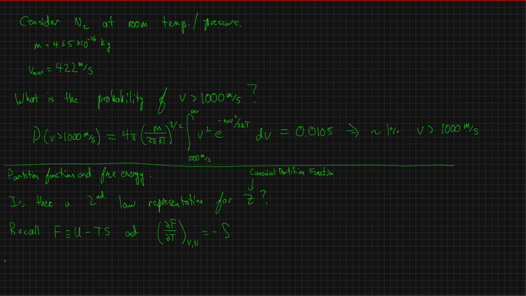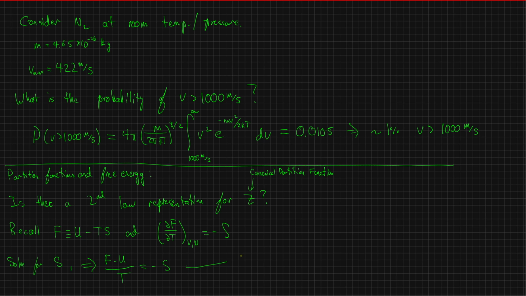Okay, so let's solve for S. If we solve for S here, we can get F minus U all over T, just subtracting the U over to that side and then dividing by T, and that will be equal to minus S. At that point we could equate this expression, the one I just solved for S, to this expression right here.